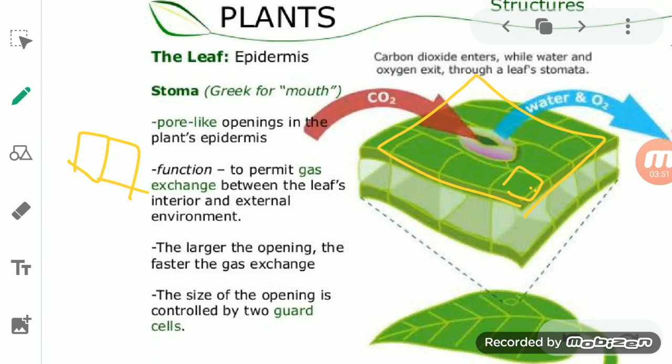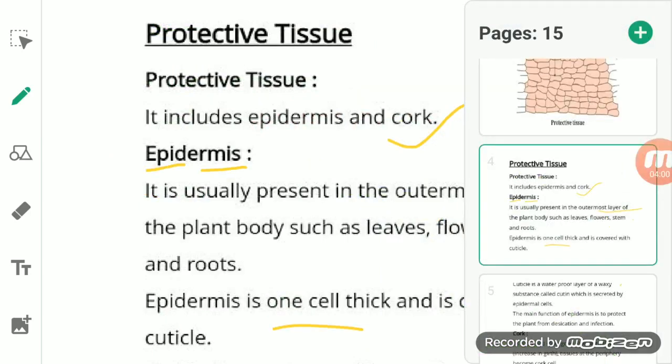Now if you see the epidermal tissue, we find that these cells are arranged cell to cell, and there is a nucleus in each.